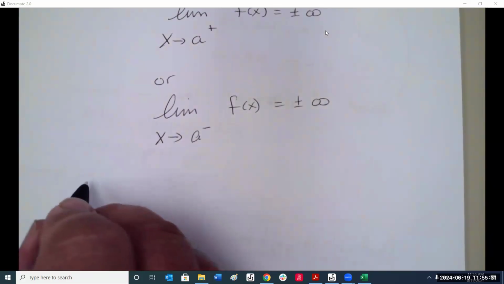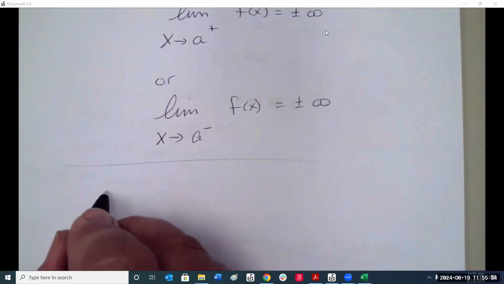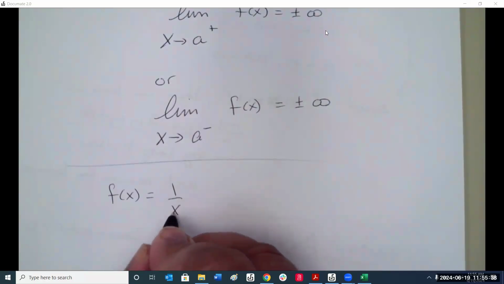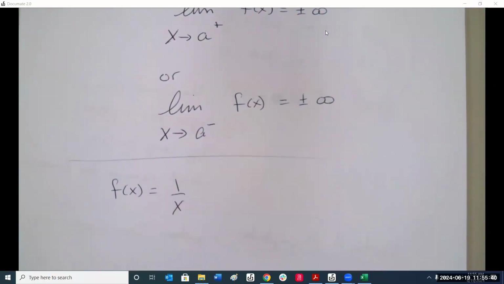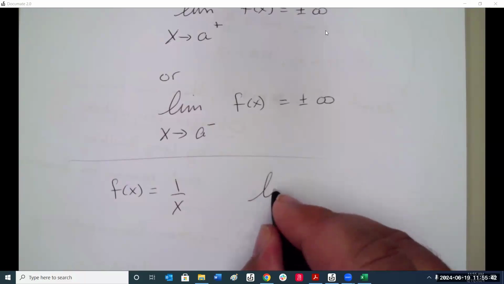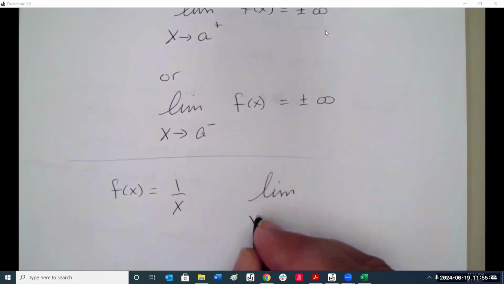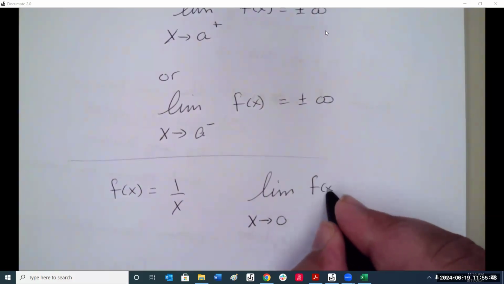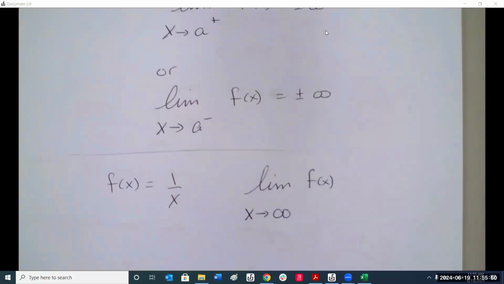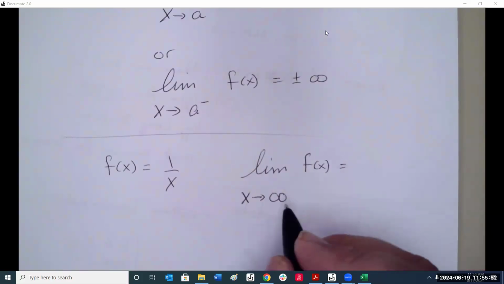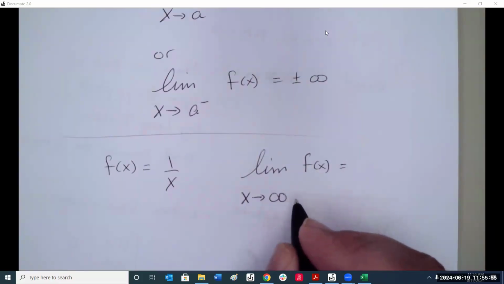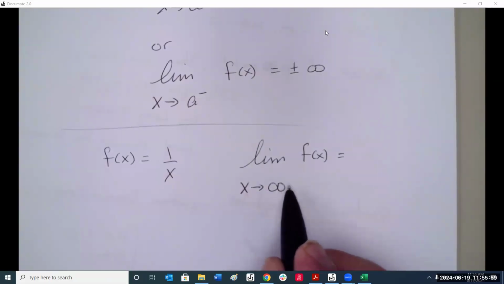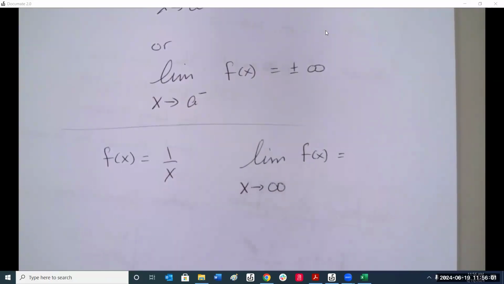The most common case in point here is that function. Yes, we've looked at this. If x goes to infinity, where does this function go?